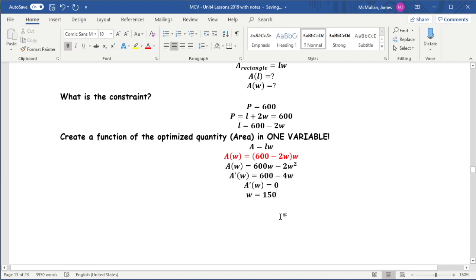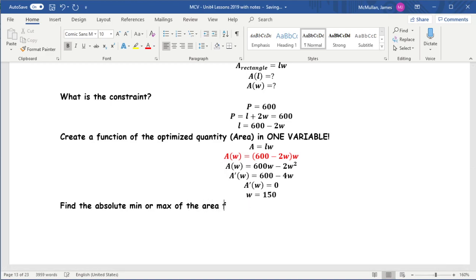So what we just did is we found a width value where the rate of change of area is 0, and therefore it is a critical point. Now go back to what you know about optimizing: find the absolute min or max of the area function. How do you do this? Step 1, find the domain. Step 2, use the appropriate technique. Let's quickly review that.